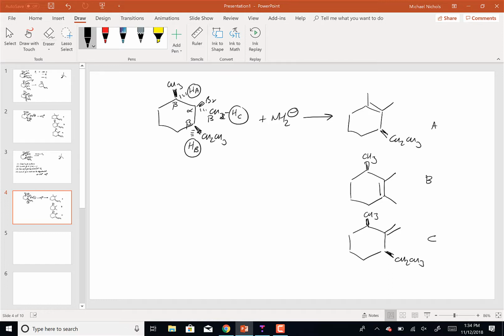A and B. There's 4 alkyl groups attached to the double bond in A, 4 alkyl groups attached to the double bond in B. And how many in C? Just 2.